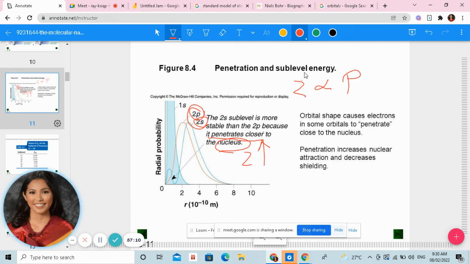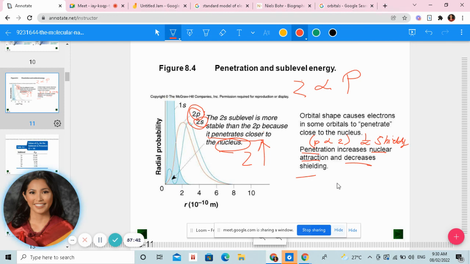So if your Z is high, your penetration is also high. If your Z is low, your penetration is low. Penetration increases nuclear attraction, directly proportional to Z, and decreases shielding, inversely proportional to shielding.